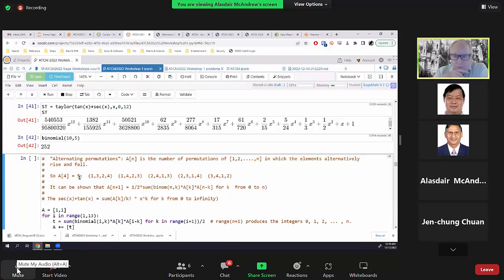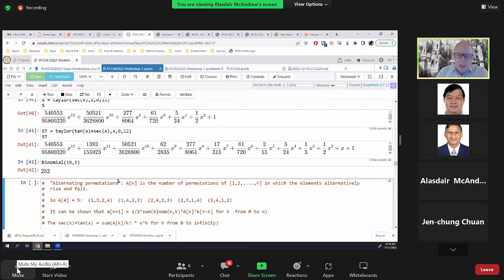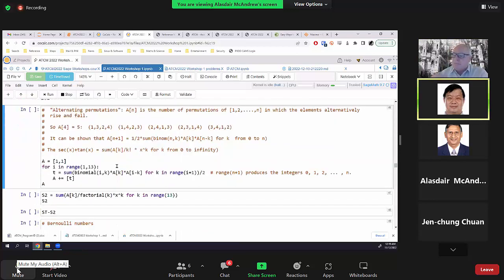It turns out, though, what's a particularly nice fact is known as Andre's theorem, and it's nice because it gives a little bit of structure to the series for tan and sec, which seem so completely lacking in structure, unlike the rather nicer series for sine and cos: that the series for sec x plus tan x is given by the number of alternating permutations divided by k factorial times x to the k.